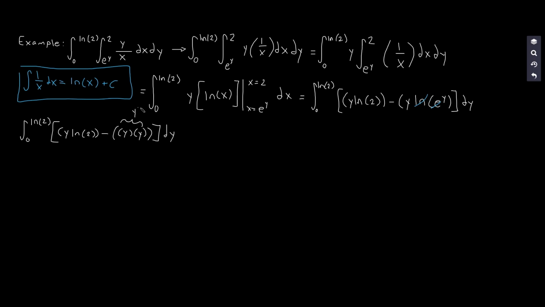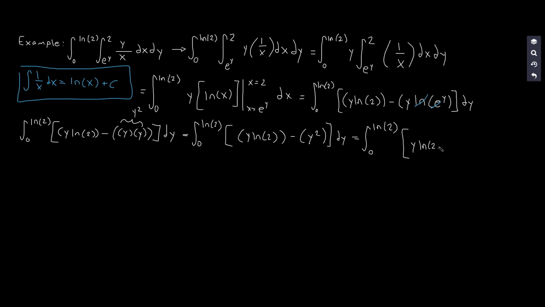This is going to turn into y squared. So the integral from 0 to the natural logarithm of 2, and it's going to be y times the natural logarithm of 2 minus y squared, in the integrand, I believe, dy.